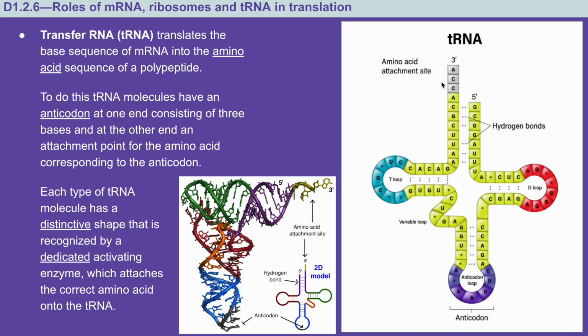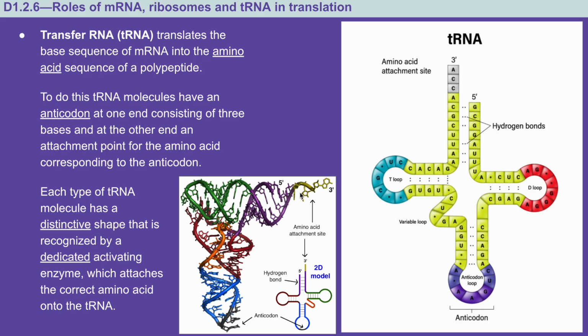So here's that tRNA. When drawn out in 2D form, it looks sort of like the letter T. The important part is that these 3 bases form the anticodon. This is more of a 3D rendering. It looks to me like one of those little space guns, like a pew pew. Okay, here's our anticodon, those 3 bases of RNA that are going to be complementary to our codon on the mRNA.